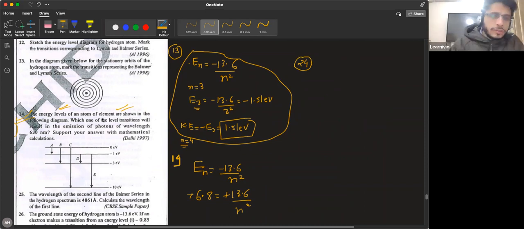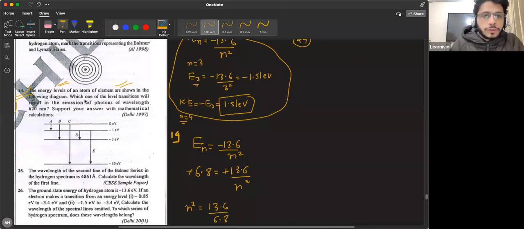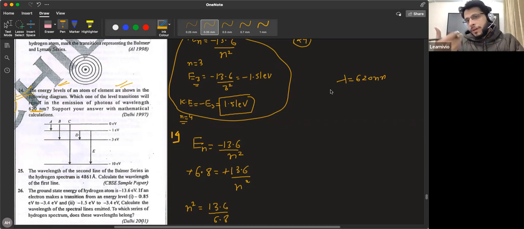See, to solve these types of questions, what does the question say? This is some atom. Which of the following transitions will result in emission of a photon of wavelength 620 nm? So the emitted wavelength here is 620 nanometer. For this, do one thing. First, calculate your energy. This radiation is emitted by your atom.